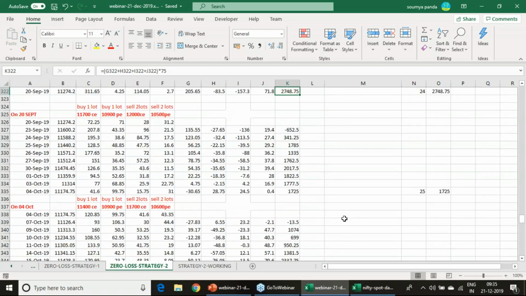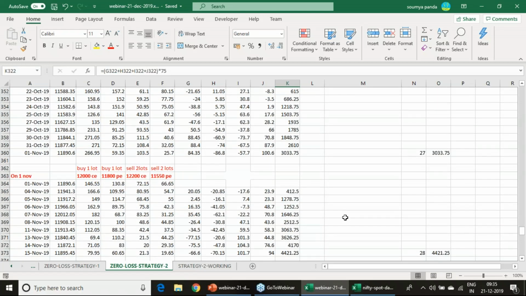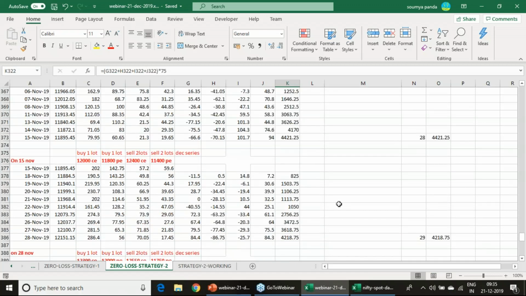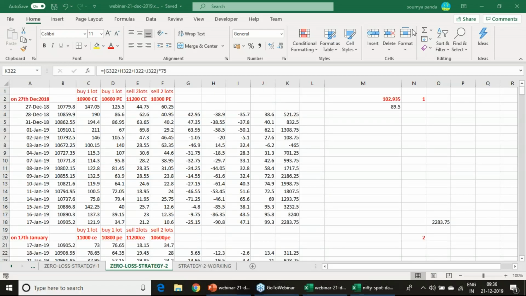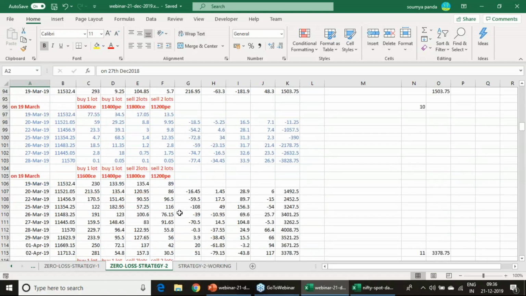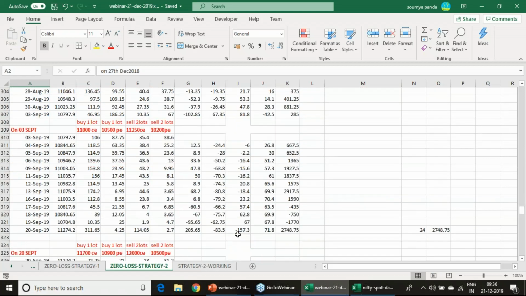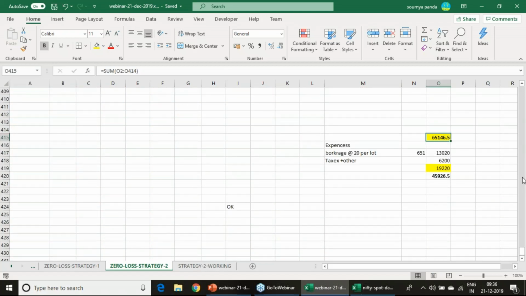So these rules are very carefully drafted; you must follow this minimum criteria. If you follow, this strategy gives you wonderful results. The same rule has been followed from 27th December 2018 till December 2019, and it is mentioned that it has given 65,000 profit.